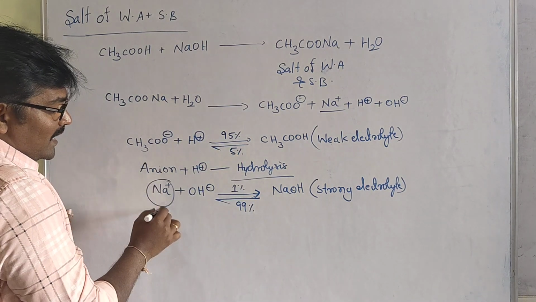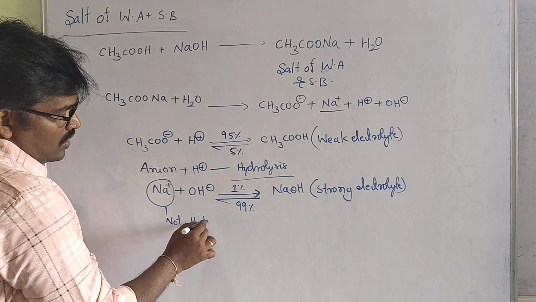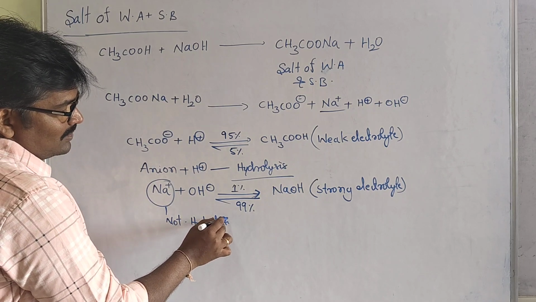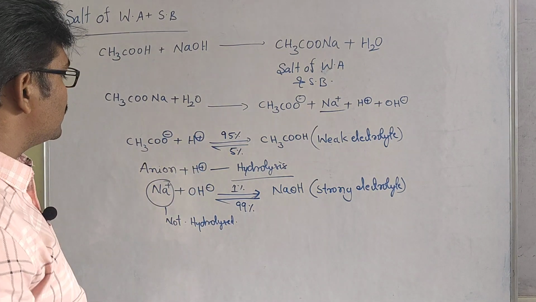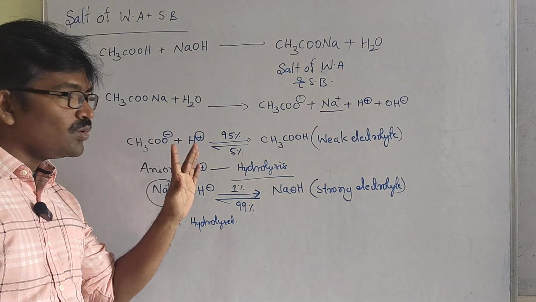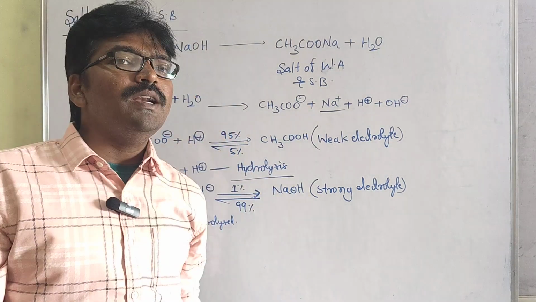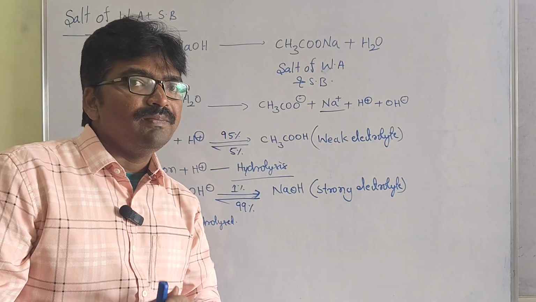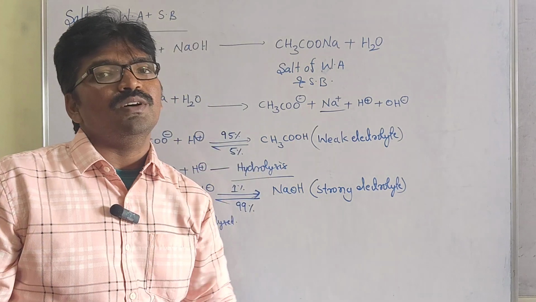So these are not hydrolyzed. Okay, my dear students, so CH3COO minus is going to hydrolysis, so this salt is going to hydrolysis. Remember, in this salt, only the weak part is going to hydrolysis, but not the strong part.